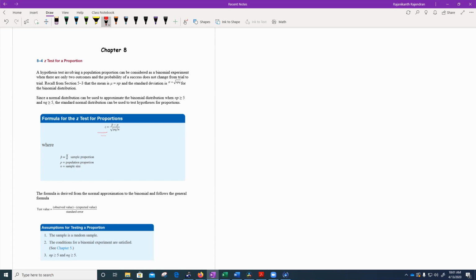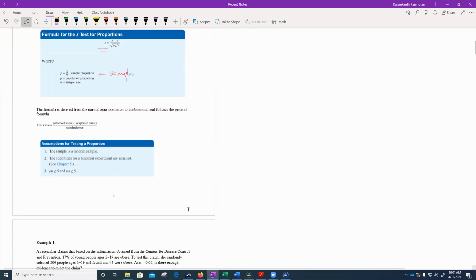Remember that p hat comes from our sample: p hat is x over n, where x is the number of successes among all n samples. Then we use the z distribution, and the rest is as usual.